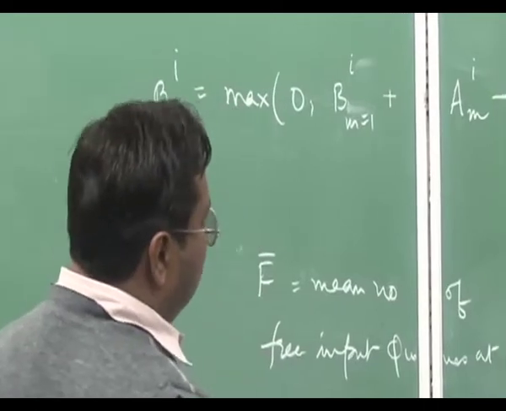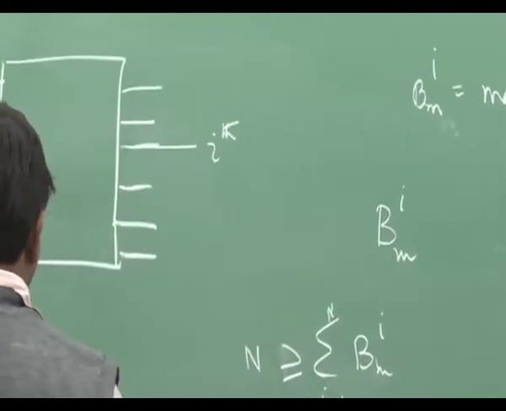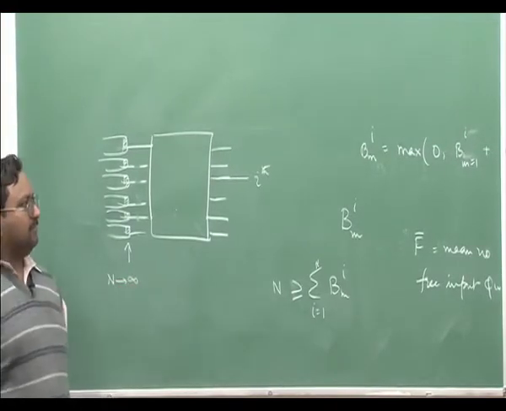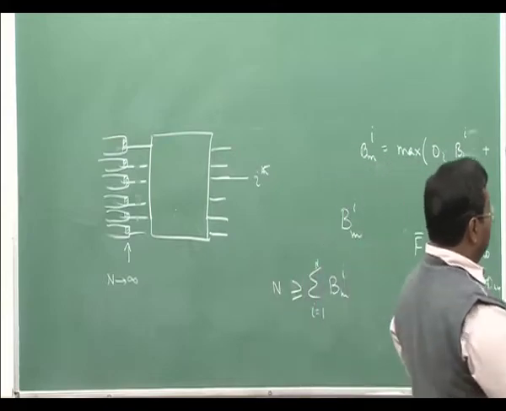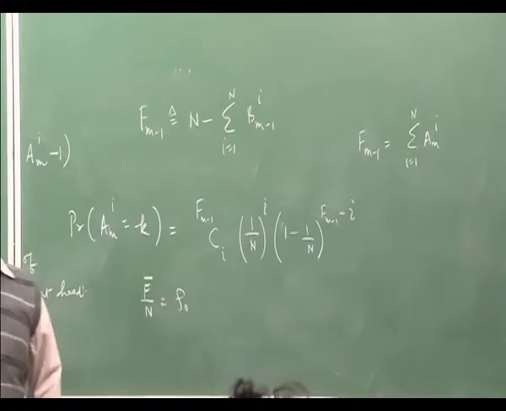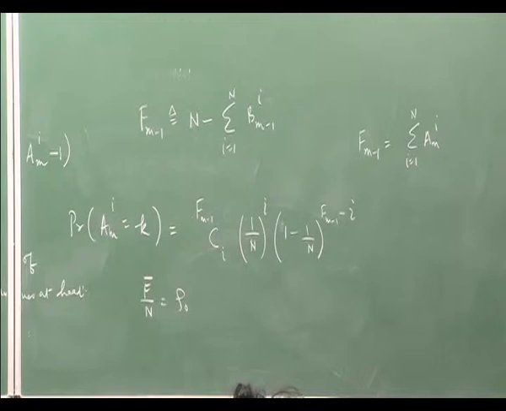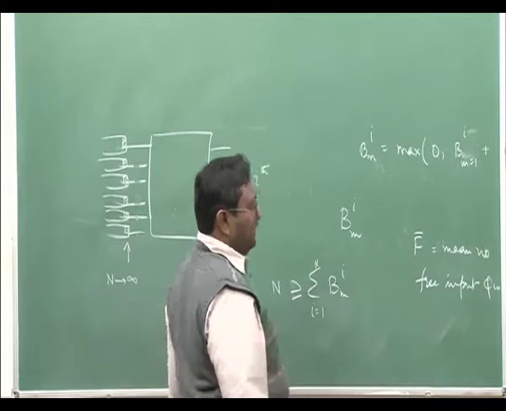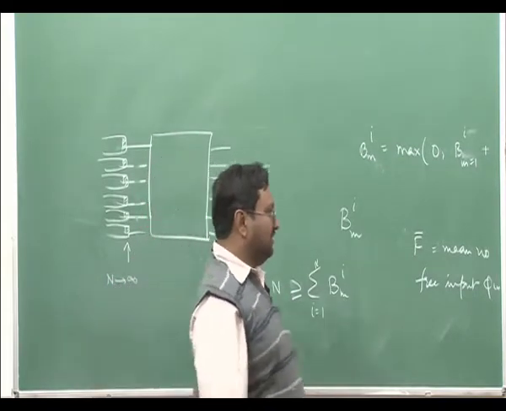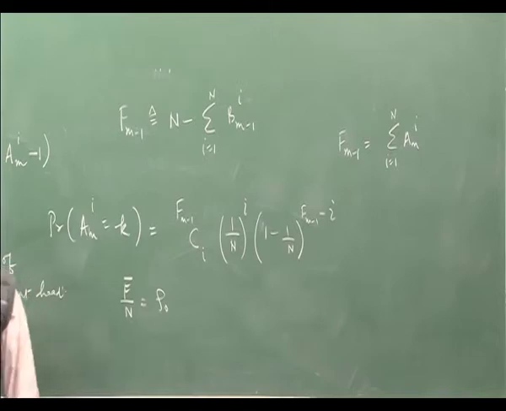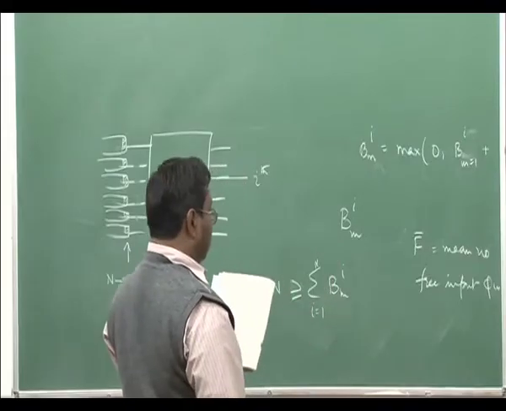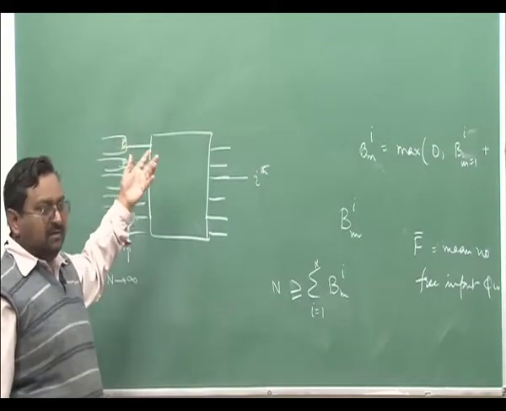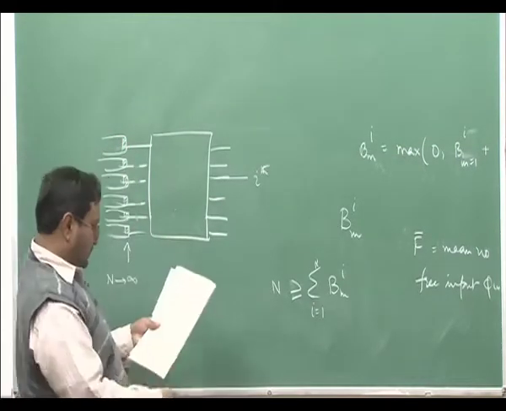Now, there is an approximation here. It's a very simple judgment. When n goes to infinity, this AI under steady state condition will tend to become Poisson statistics. So the new arrivals coming in will be Poisson with parameter rho naught, because that's the average utilization.